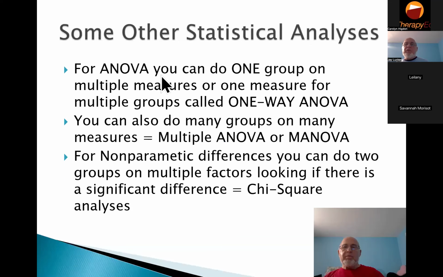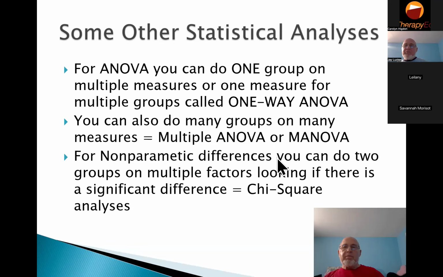Okay. For ANOVA, you could do one group. I already talked about this, called the one-way analysis of variance, or you can use many groups with many measures. Then it's called the multiple, because many groups and many measures, MANOVA.